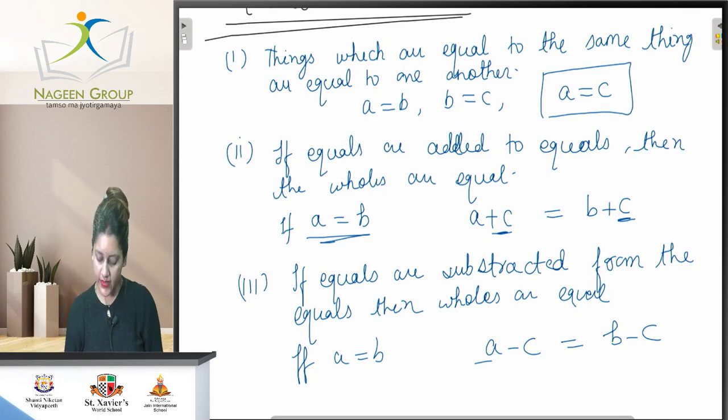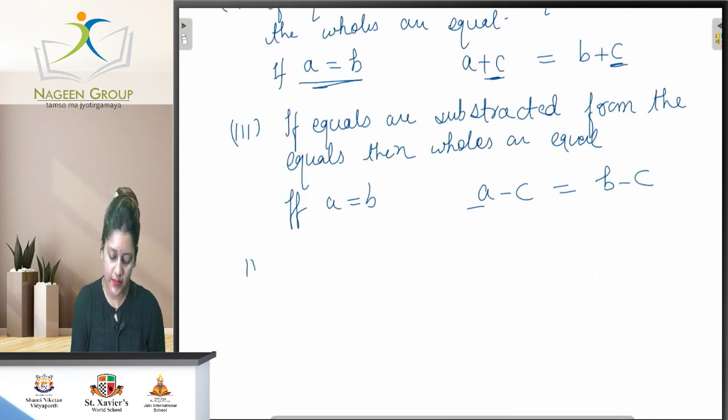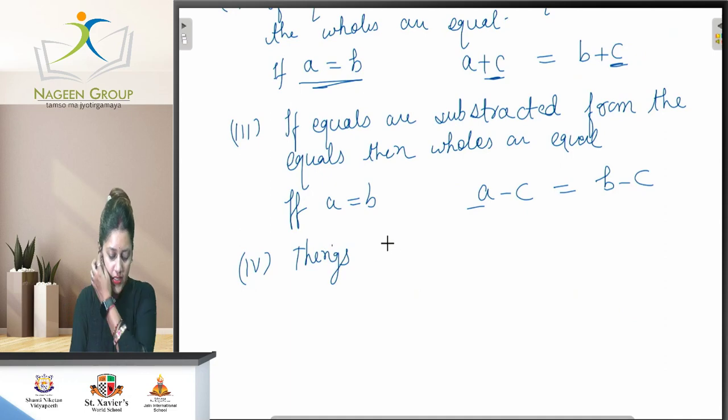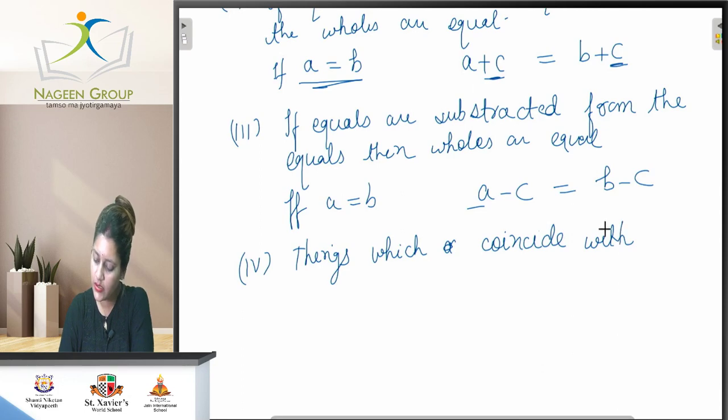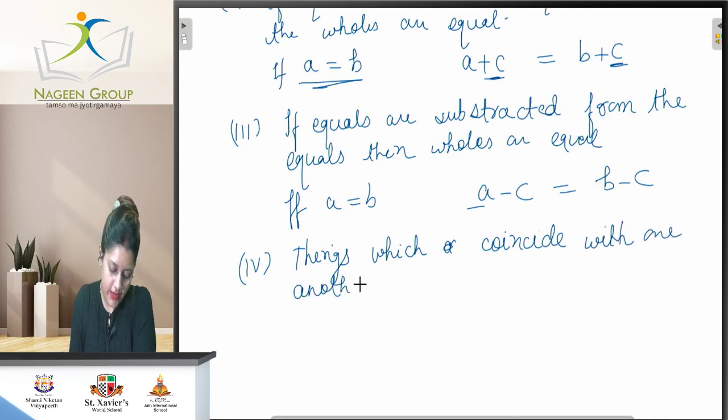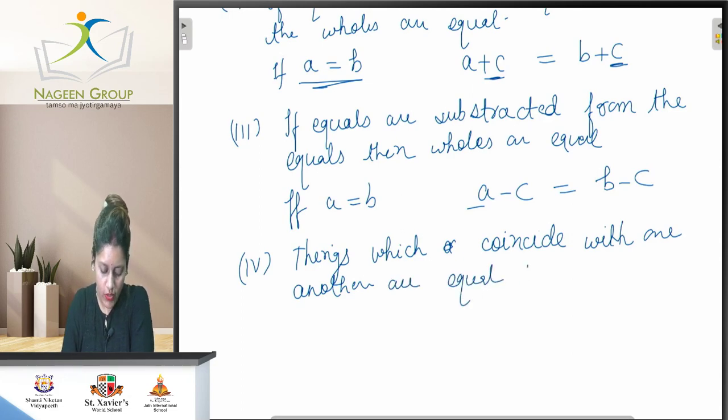After that, the fourth one is things which coincide with one another are equal to one another.